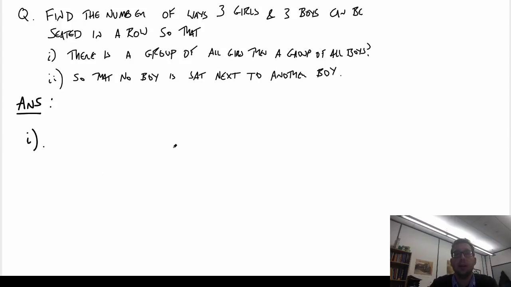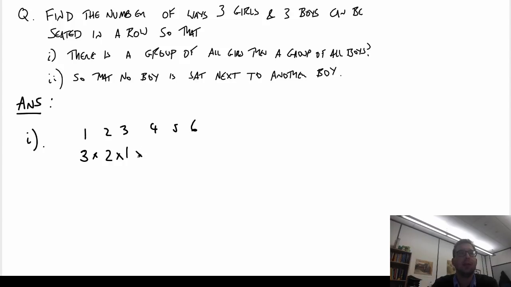So part one, we essentially need girl, girl, girl, then boy, boy, boy. And how many ways are there of doing that? Well, we've got positions 1, 2, 3, 4, 5, 6. There are 3 girls that can go in the first position, then 2 remaining, because we already placed one of the girls in the first position, and then 1.